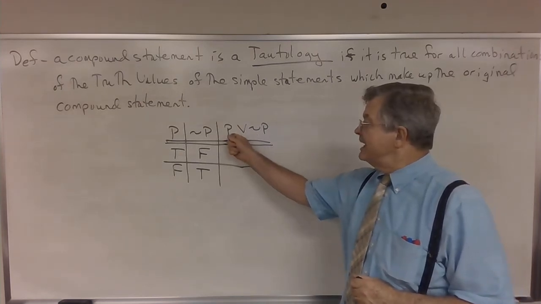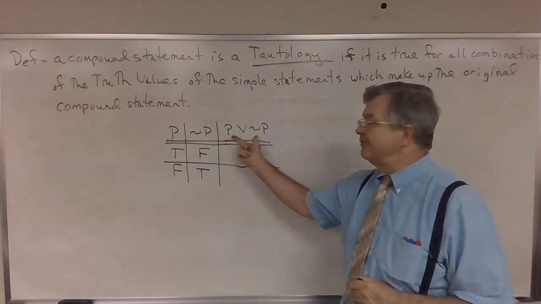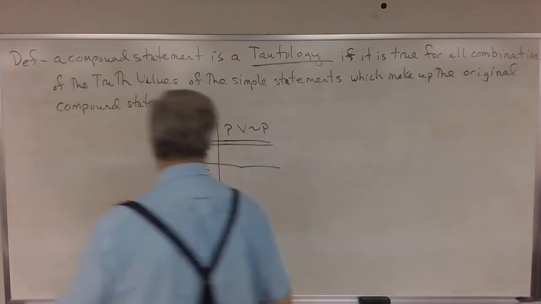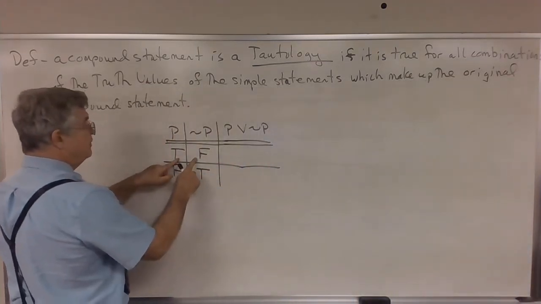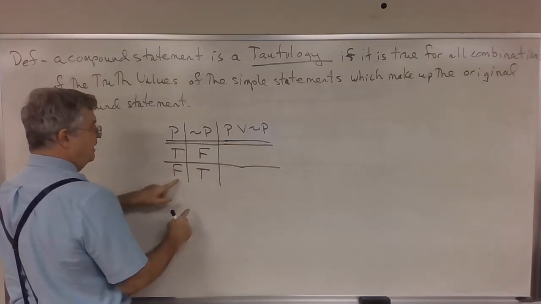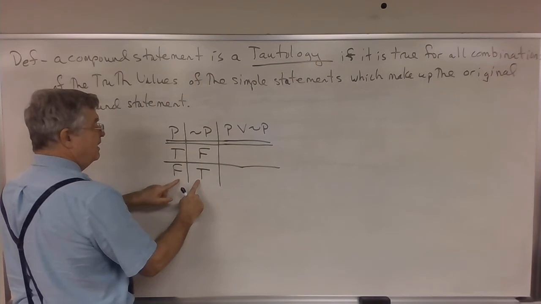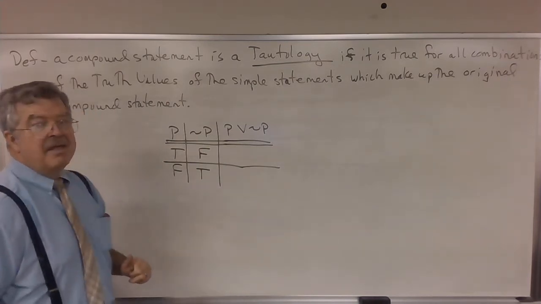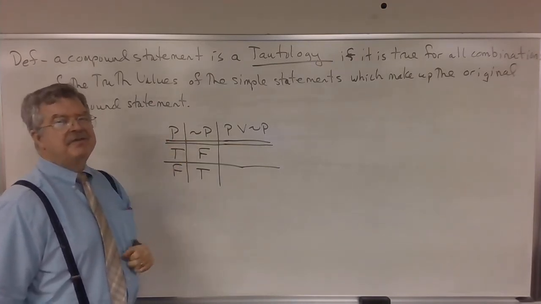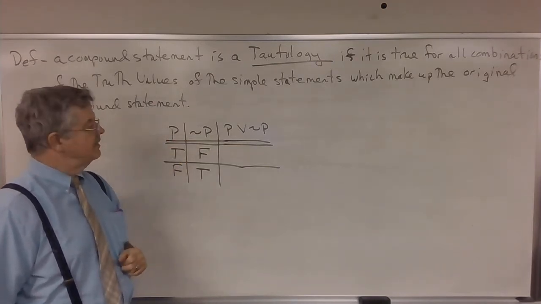So whenever P and not P are both false, this thing's going to be false. Does that happen? Well, here's true and false. P is true, not P is false. Here's false and true. P is false, not P is true. These two things are never false at the same time.